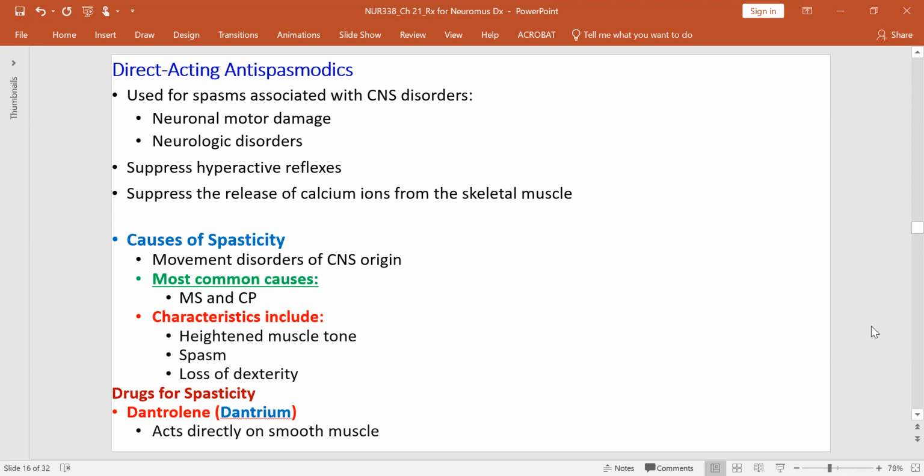Spasticity can be very distressing and greatly affect an individual's quality of life. In addition to causing pain, impaired physical mobility influences the ability to perform ADLs and diminishes the patient's sense of independence.